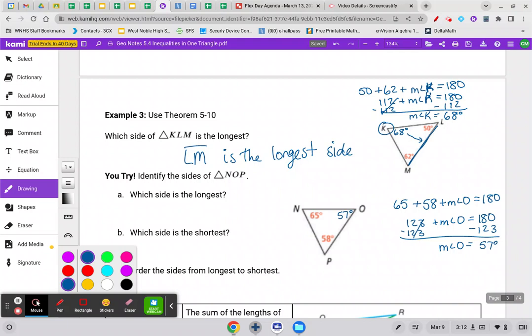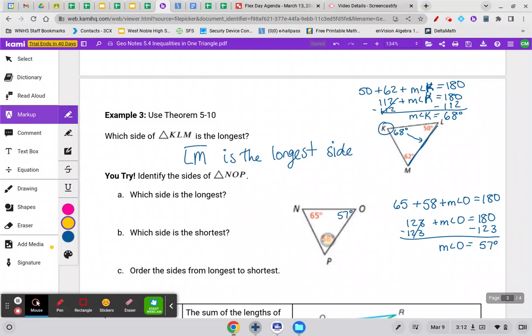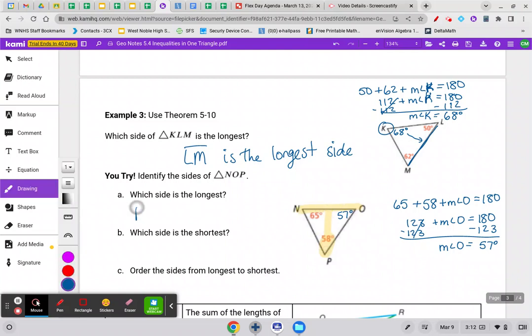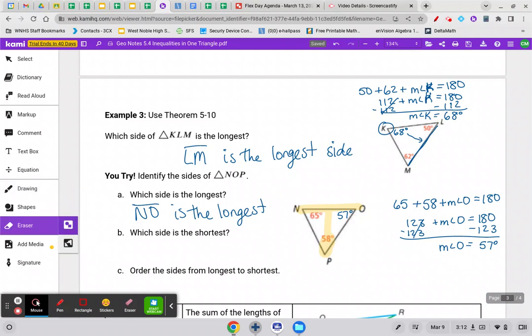So that does not make it the biggest, so the longest side is not across from it. The longest side is across from angle P, which is NO. Ooh, actually, I am wrong. Hopefully you caught that.